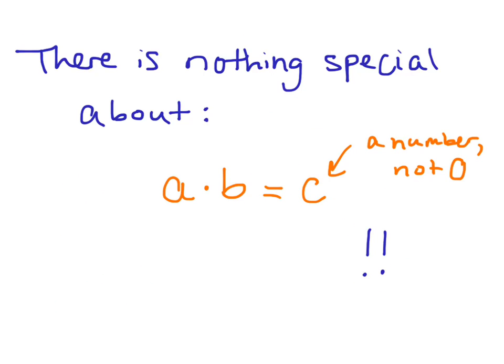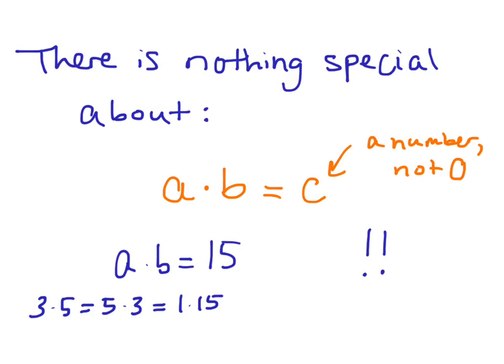Now note that there's nothing special about two real numbers that are multiplied to just equal another number that's not 0. So if I knew, for example, that a times b was 15, well, then I don't really know anything about a and b. I might take a guess that a is 3 and b is 5, but it could be 5 and 3, or 1 and 15.